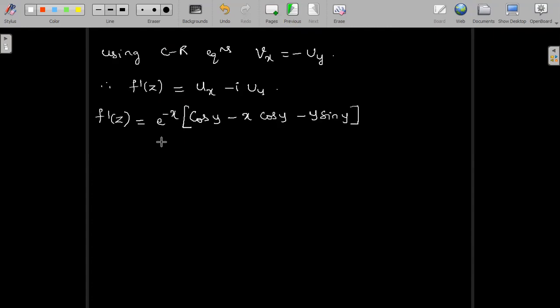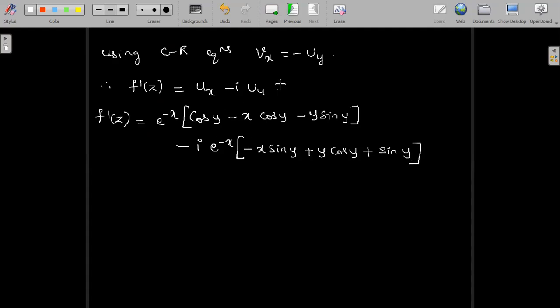This is Ux. We have minus i into Uy. Uy is nothing but e power minus x into minus x sin y minus x sin y plus y cos y plus sin y.